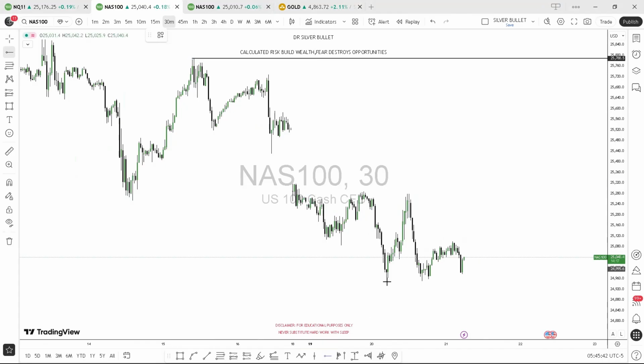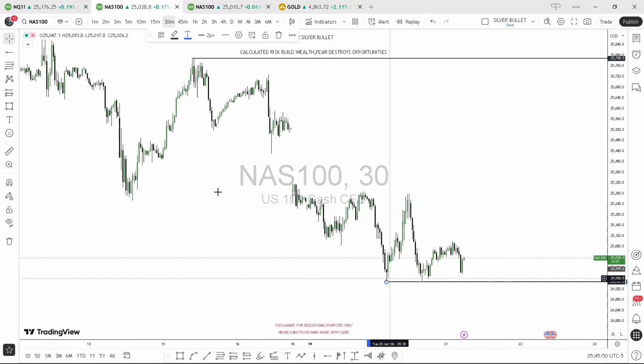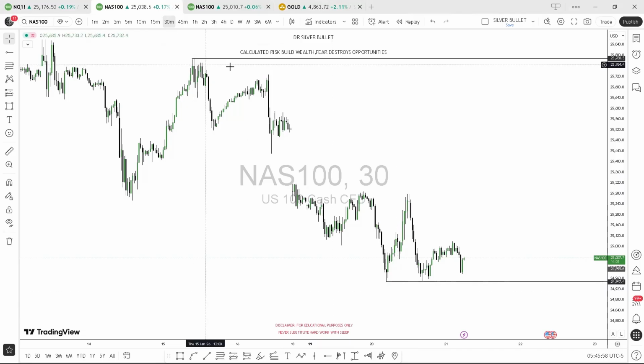And also this low. So we have two external liquidity points, this one and this one. These are relatively equal lows, and we also have this relative equal high here. So we now have a gap.